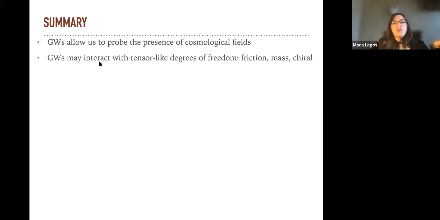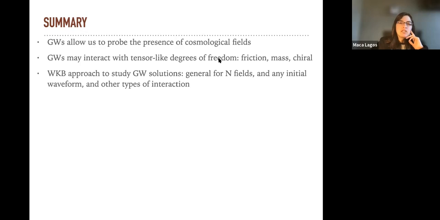And I particularly focus on what happens when gravitational waves interact with additional tensor degrees of freedom. And I mentioned briefly the examples of friction mixing or mass mixing or some kind of chiral mixing. But of course, you may have other kind of situations that we haven't described.